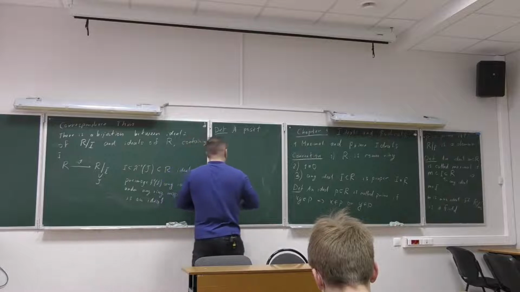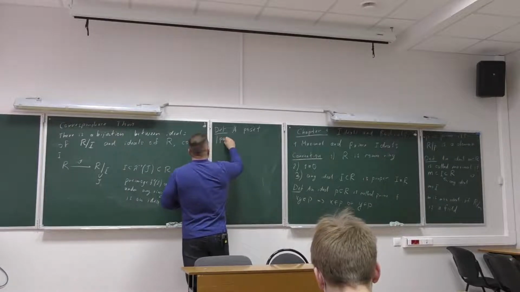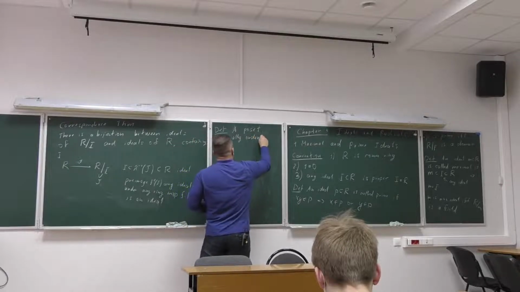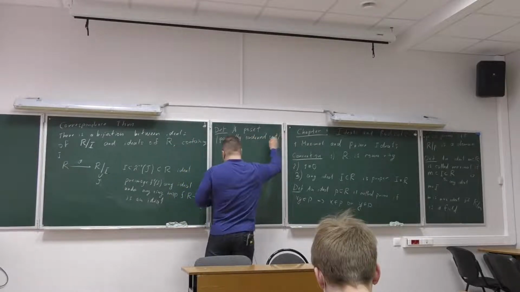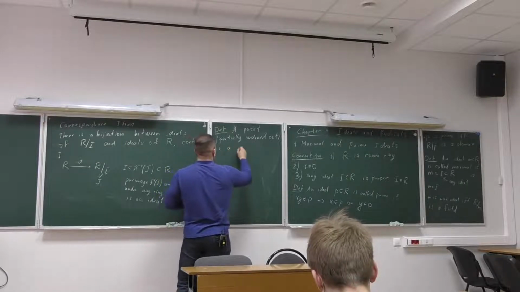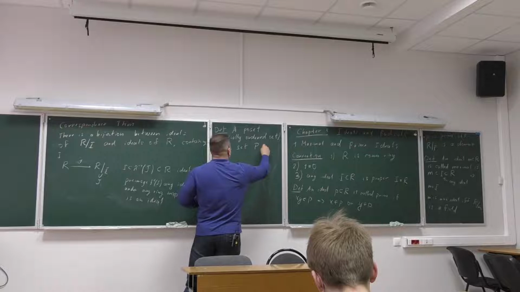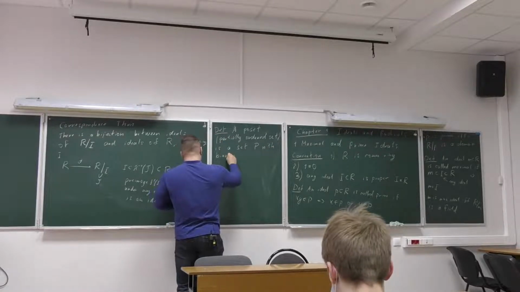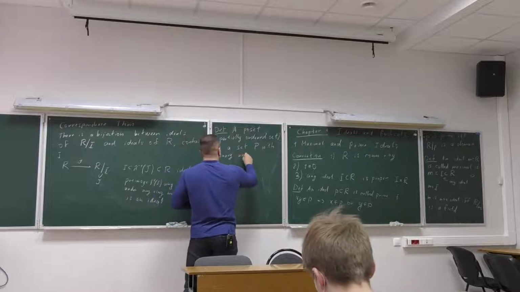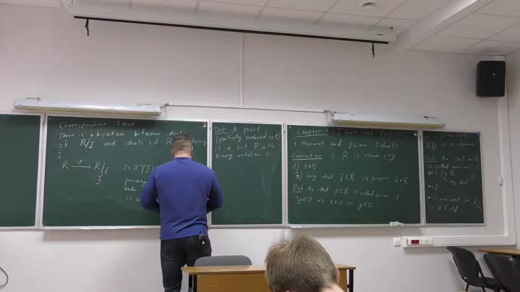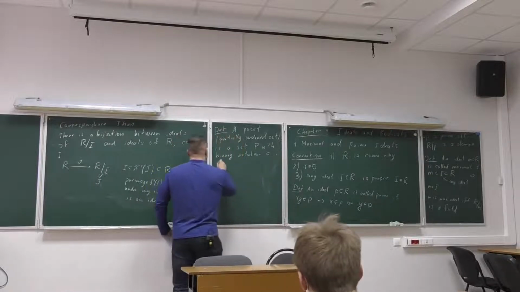A poset is a pair, a set P with a binary relation less or equal, such that we have three properties.